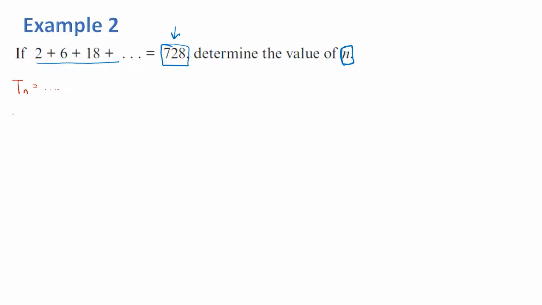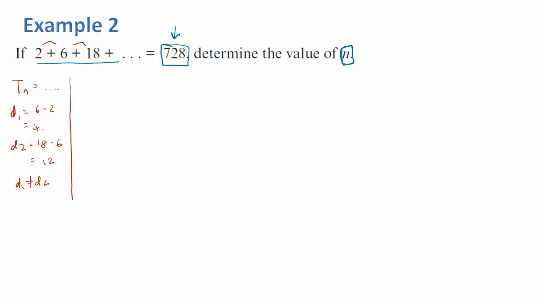So the first step will be to look, is it arithmetic? 6 minus 2 equals 4. And that, d2, was 18 minus 6. Well, that's 12. So it's not arithmetic because d1 is definitely not equal to d2.